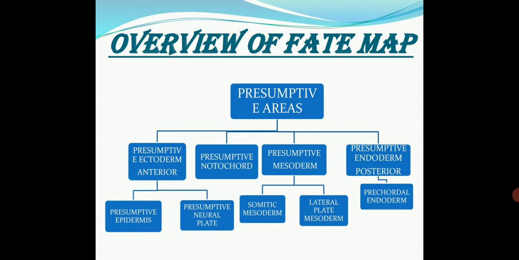Next is the pre-assumptive notochord. Later the pre-assumptive mesoderm is divided into the somitic mesoderm and lateral plate mesoderm. The last one is the pre-assumptive endoderm, which lies at the posterior, the precaudal endoderm. So this is the overview of the fate map. Thank you.